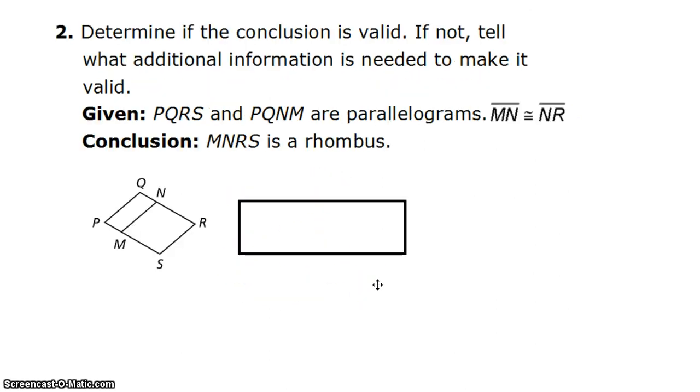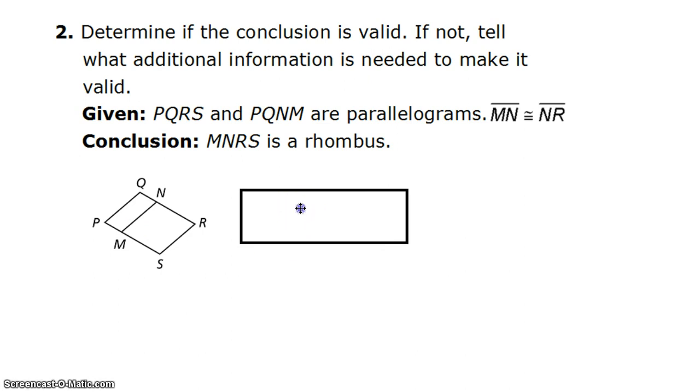Good. And the next question, determine if the conclusion is valid. If not, tell what additional information is needed to make it valid. Given PQRS and PQNM are parallelograms, segment MN is congruent to segment NR. Can we conclude then that MNRS is a rhombus?